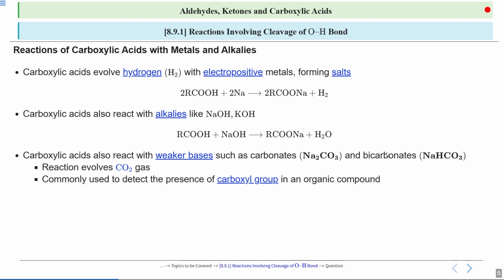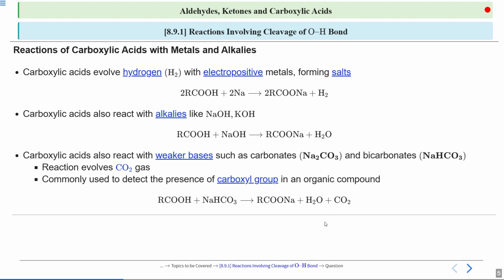The evolution of this carbon dioxide gas is a common test to detect the presence of a carboxyl group in an organic compound. So this is a practical application in the laboratory, used to identify unknown substances. If you look at this reaction of a carboxylic acid with sodium bicarbonate, NaHCO3, the products are sodium carboxylate salt, RCOONa, water and carbon dioxide.